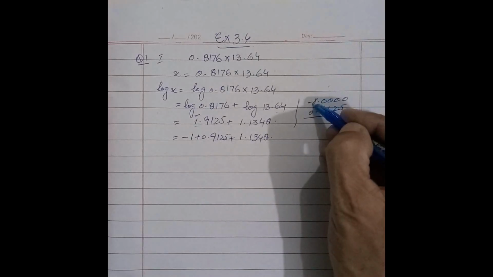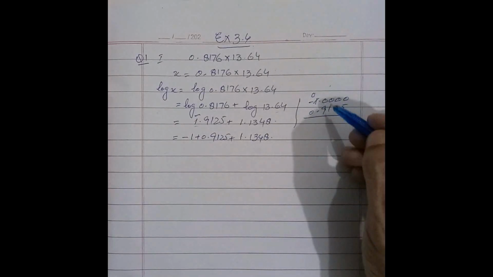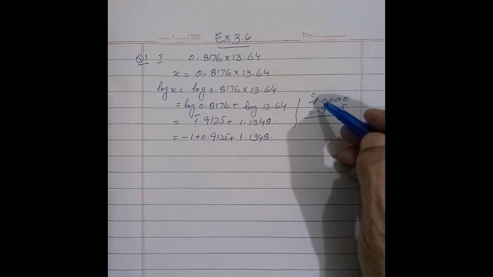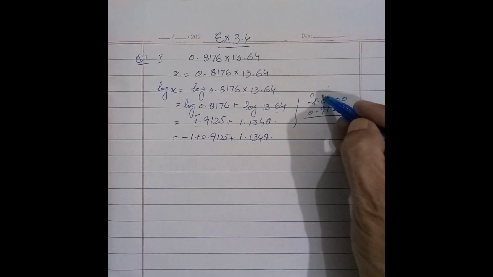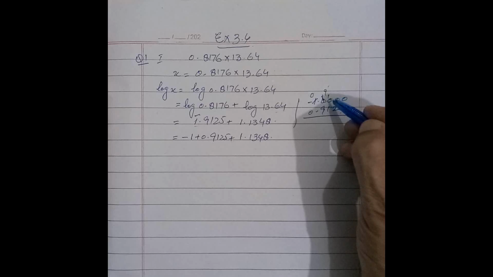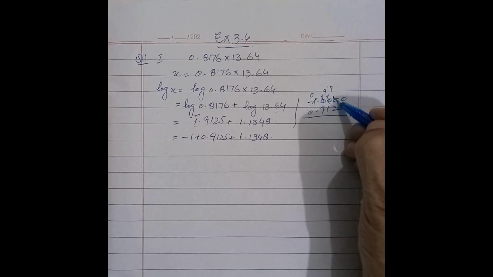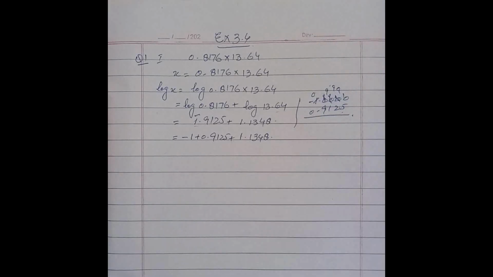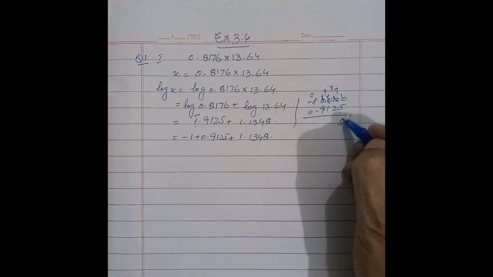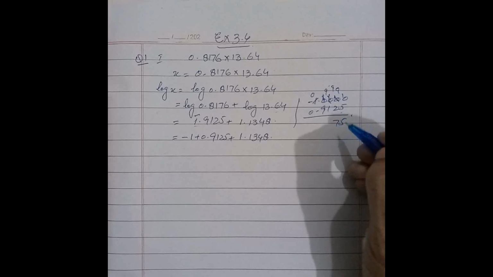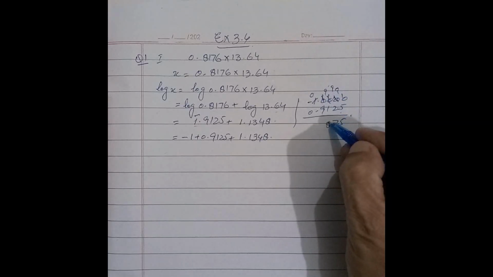We subtract minus 1 and 0.9125. Take common, take value from 1. Here is 10, 9, 1, 9, 1 and 10. Take common and simplify. 10 minus 5 is equal to 5. 9 minus 2 is equal to 7. 9 minus 1 is equal to 8.